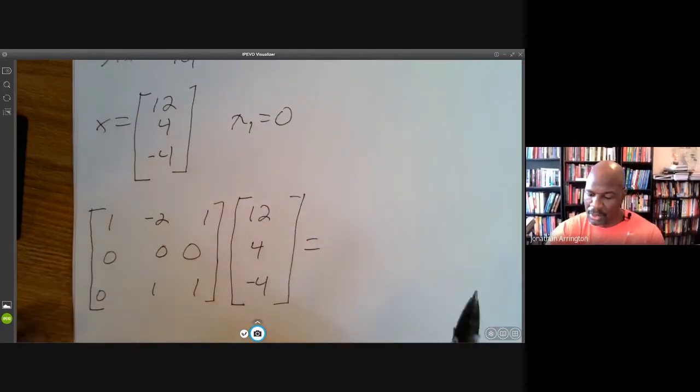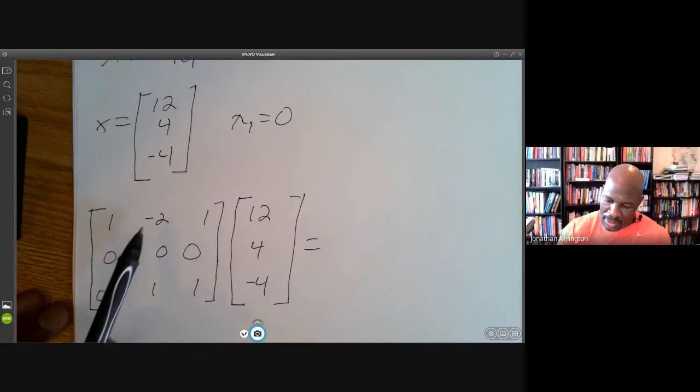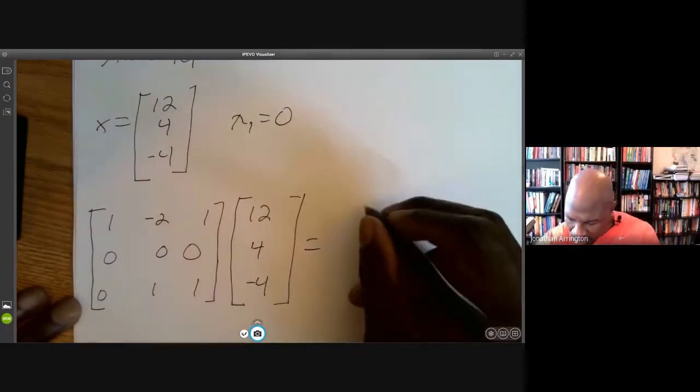Let's see. Can't wait. So let's do the multiplication. 1 times 12 is 12, and negative 2 times 4 is negative 8. So that's 12 minus 8, which is positive 4. And then 1 times negative 4 is negative 4. You have positive 4 and negative 4, which is 0.